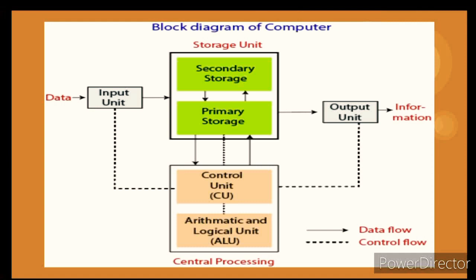It also performs logical operations like comparison of values, such as NOT, AND, OR. All information in a computer is stored in the form of binary numbers, that is 0 or 1.